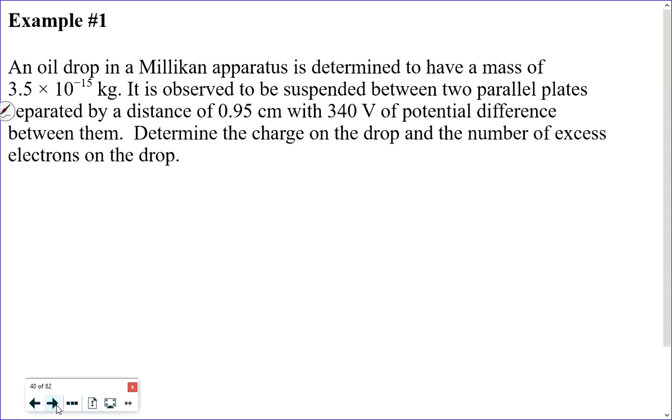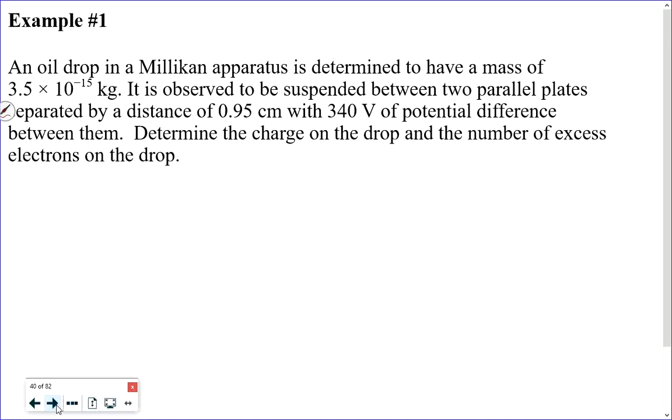So example 1: we have an oil drop with a particular mass, and it's suspended when the distance between the plates is 0.95 centimeters and the voltage is 340 volts. What's the charge on the drop, and how many excess electrons? That's kind of Willis's question from the beginning of the class. If we can determine the charge, we can figure out how many electrons there are.